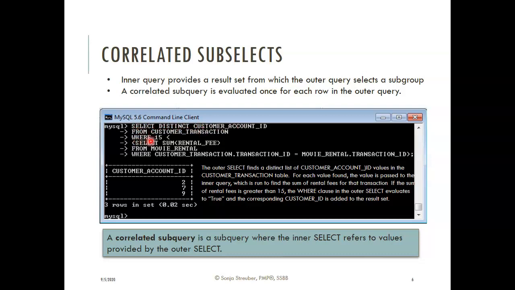So what we are seeing here is our select distinct customer account ID from customer transaction, where, and here is the kicker, 15 is less than. So we want to find all the transactions that are more than, right?